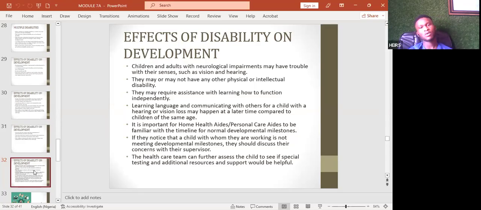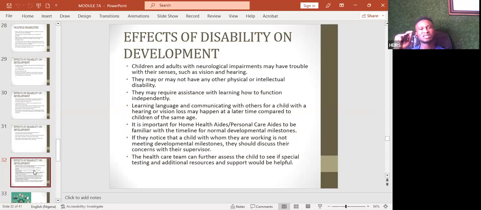So it is important for home health aides and personal care aides to be familiar with the timeline for normal development milestones. How do you know an abnormality without knowing what is normal? So we have to know what the normal developmental milestones are to be able to categorize delay or impairment as abnormal.